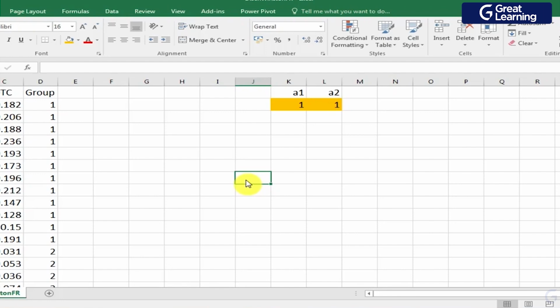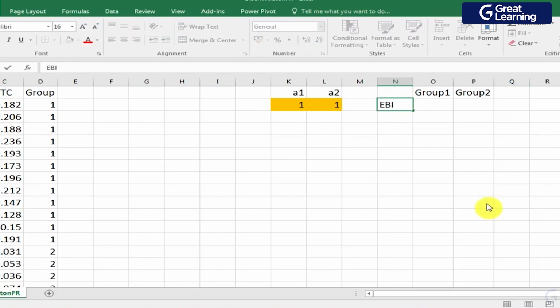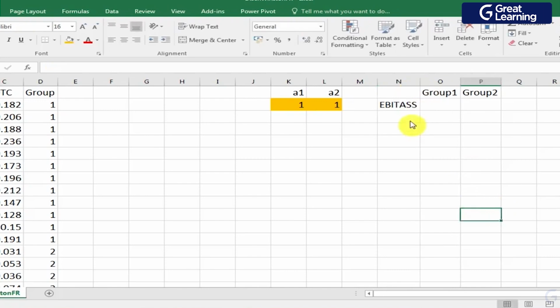Am I correct? Then I put here x1 and x2 is this.